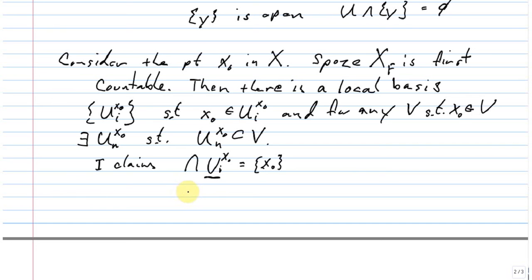So you can get a contradiction here by noticing that if the intersection, and this is over I an element of the natural numbers, so there's a countable number of these, then what this implies is that there's a single point in this intersection.